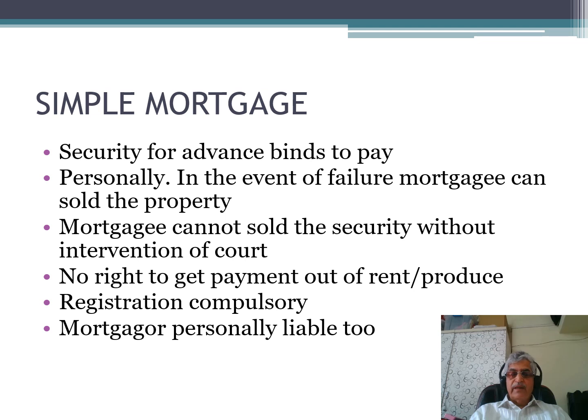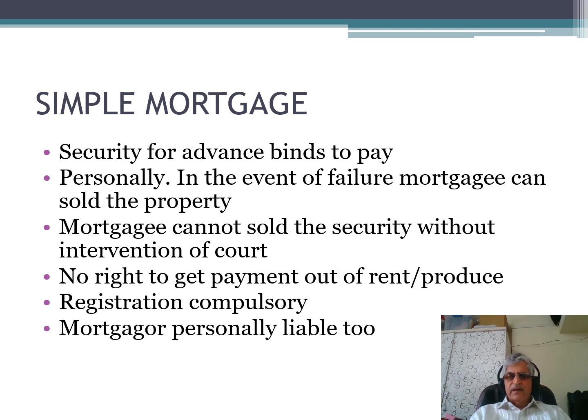Then the main thing in this simple mortgage is that suppose you advance money of 50 lakhs against the mortgage of property. The borrower did not pay this amount. You approach the court, obtain the decree, and sell the property.